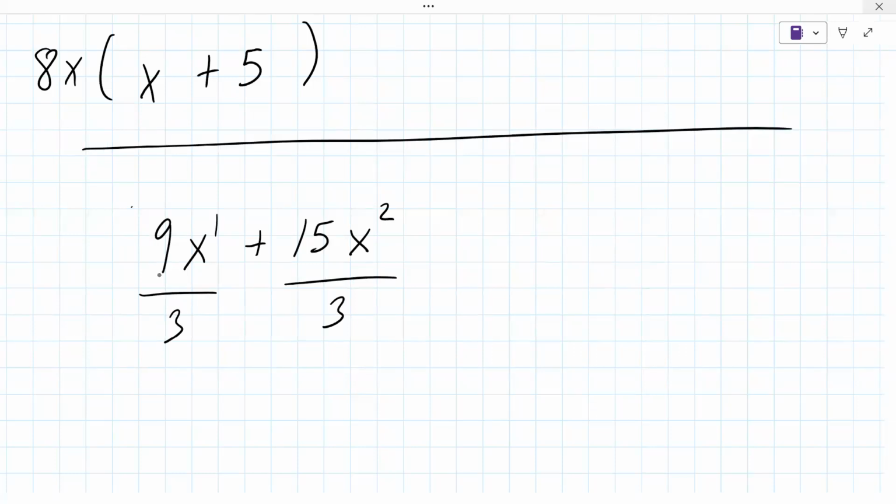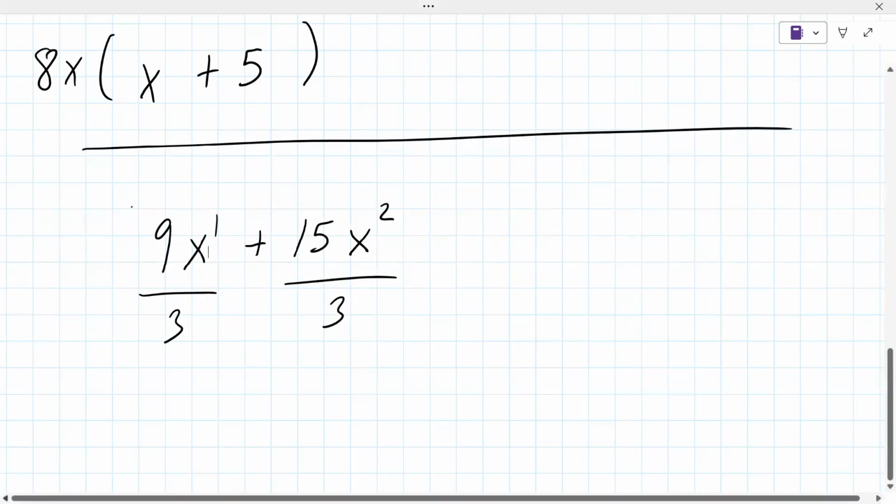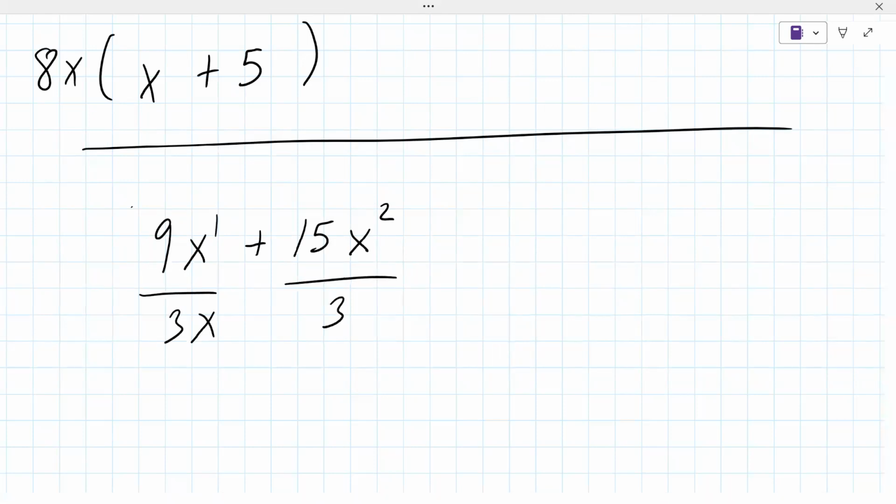What about between x and x squared, which is the smaller exponent? x by itself. Yep. So 3x goes on the outside. What goes on the inside now?